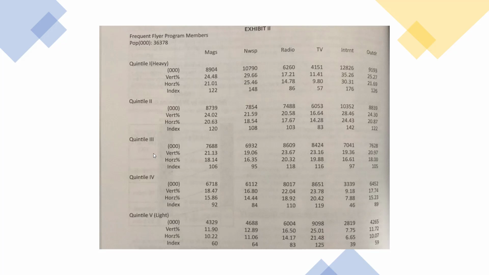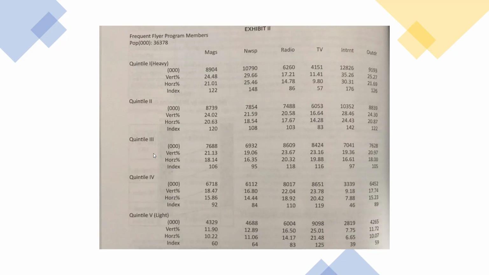They have exposure to outdoor when they travel from airport to airport, and obviously they're reading magazines and newspapers when they have nothing to do on the airplane. Now, by the way, this chart was probably done a long time ago, and nowadays lots of flights do have TVs on, so the data should probably be updated.